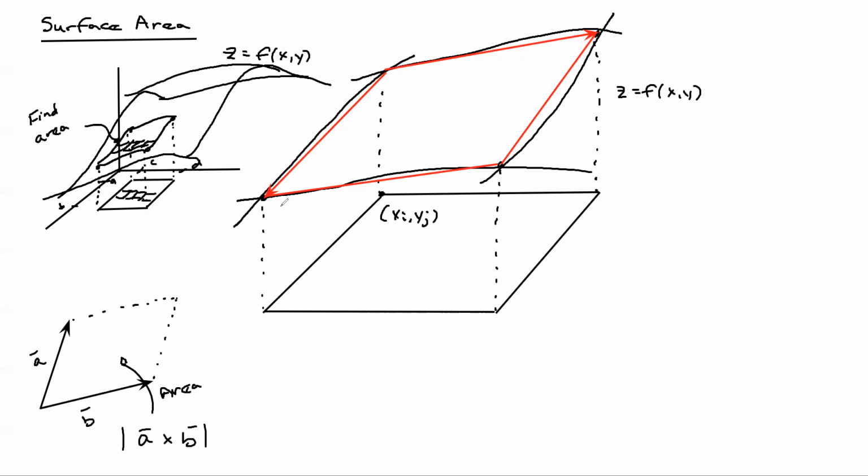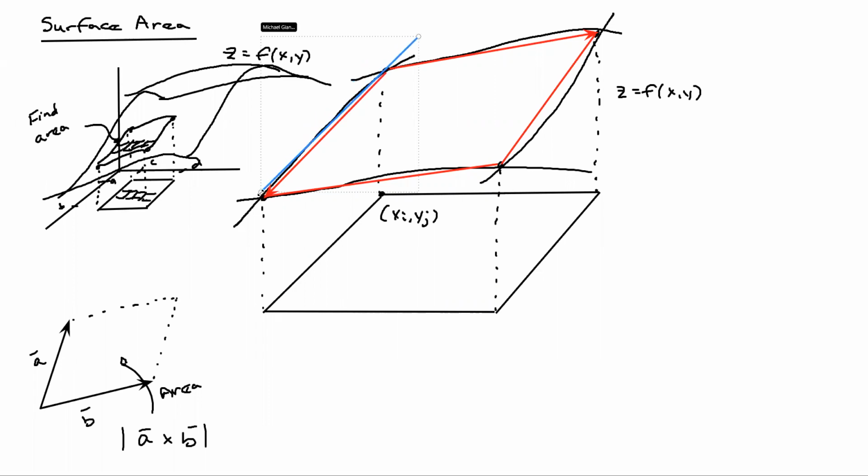Well, if we were at this point here and we drew a tangent line on the surface in the x direction, it would look something like the red line here. That might not be perfect, but that's okay, because we don't need this red line exactly. We just need an approximation to it. So if you were to draw a tangent line there, let's use one more color, in blue, it would look maybe like this.